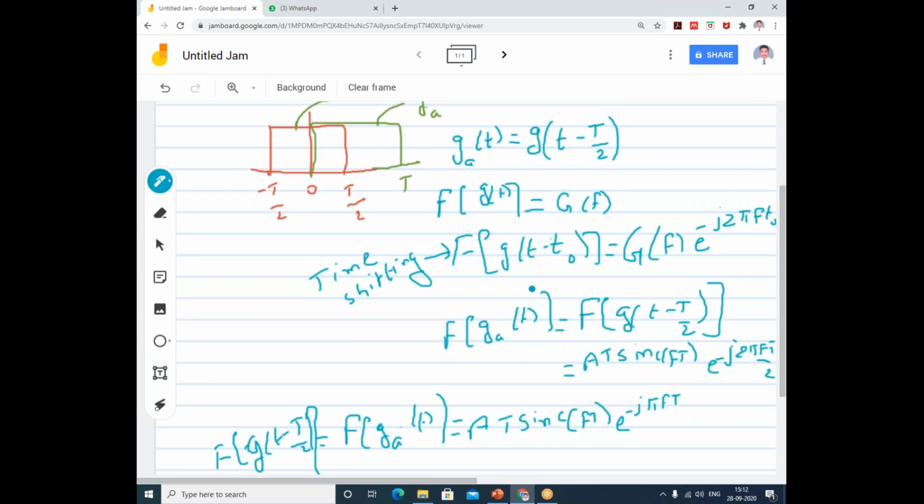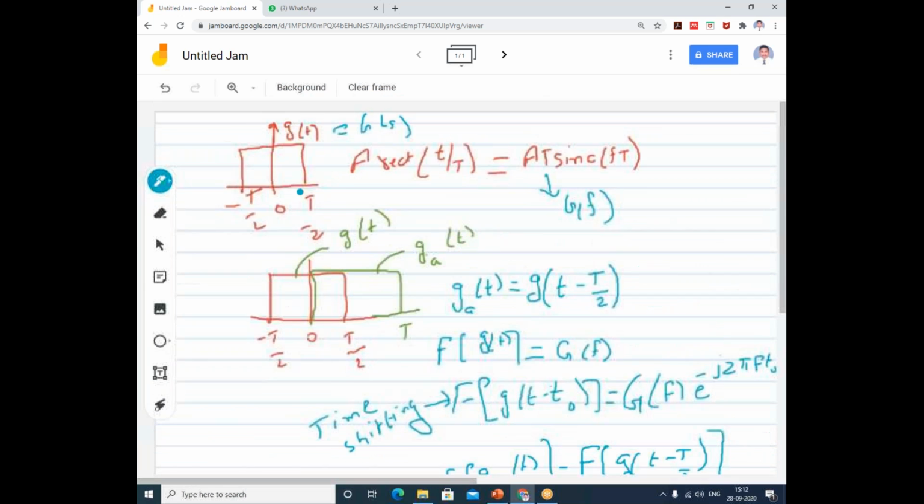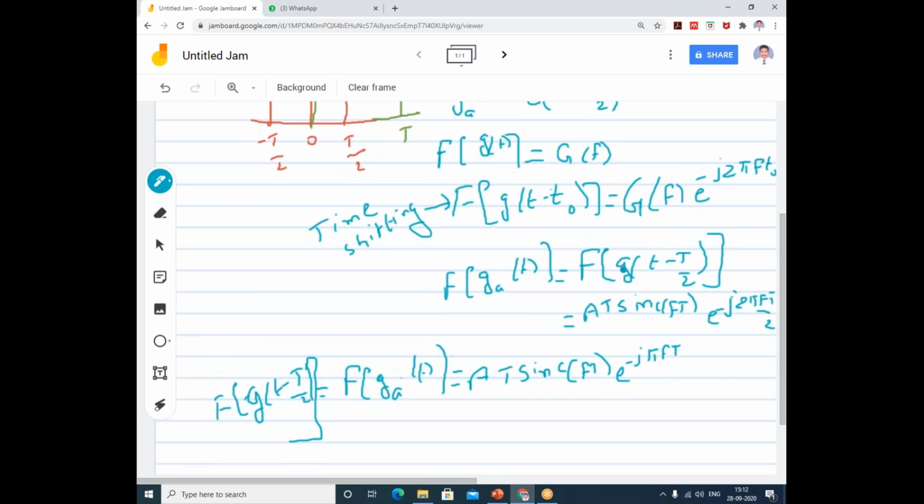So my g of t is a rectangular pulse which is existing from minus T by 2 to T by 2. Its Fourier transform is A T sinc fT. That is nothing but G of f. So I can write this as A T sinc fT into e power minus j2 pi f T/2. This is how you can find the Fourier transform of the time shifted signal. Is it clear? Please post it in the chat box.